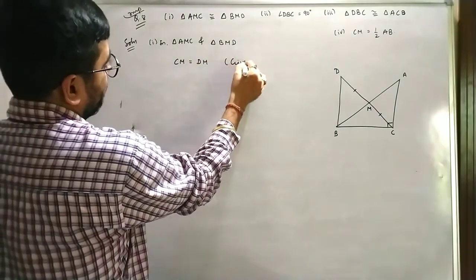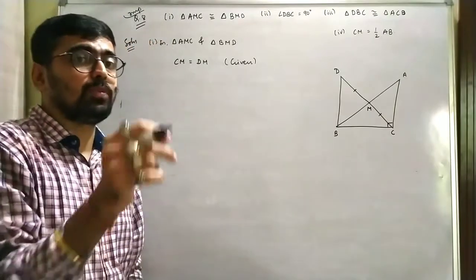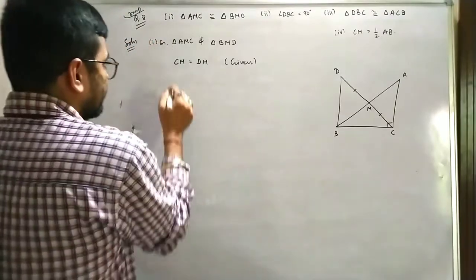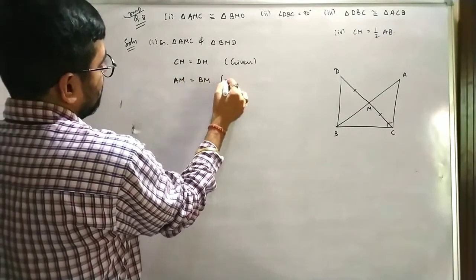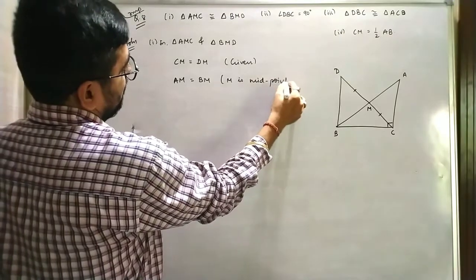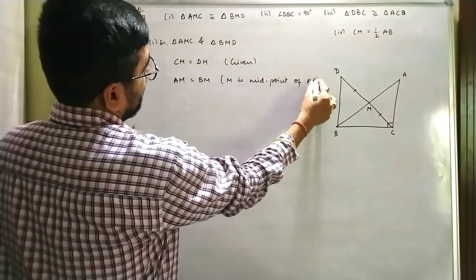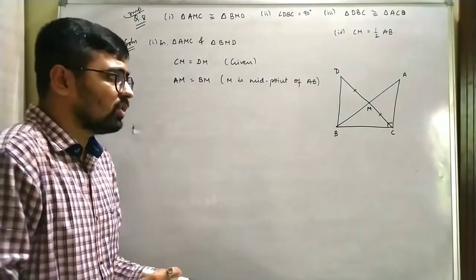This is given. Second thing, M is the midpoint of hypotenuse AB, so I can easily say that AM equals BM because M is the midpoint of AB. But with the help of these 2 criteria, we cannot say these are congruent.